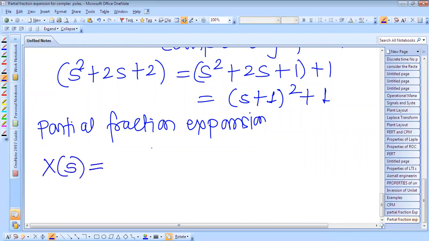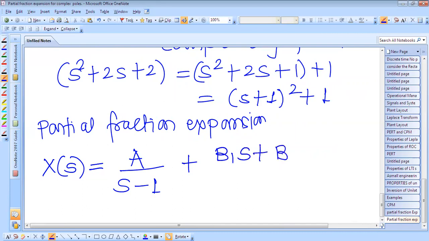X(s) is equal to A over (s minus 1) plus (B1 s + B2) divided by ((s + 1)² + 1).